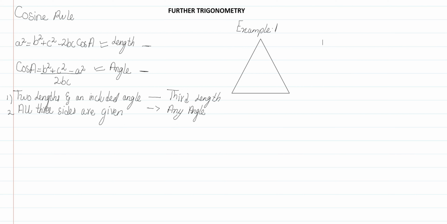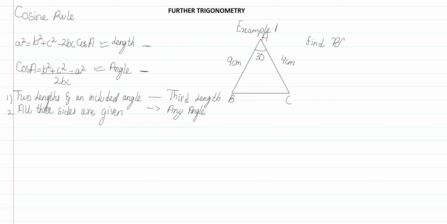If this angle given to you is 30, this side is 9 centimeter, this side is 4 centimeter, and the names of the vertices of the triangle are A, B and C, and in the question it says find the length of BC.